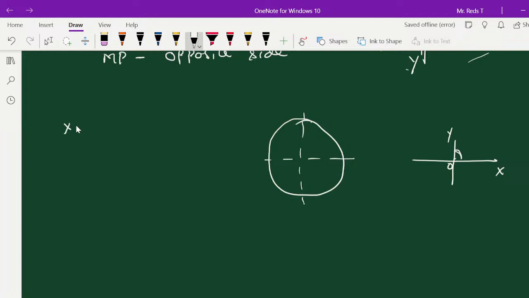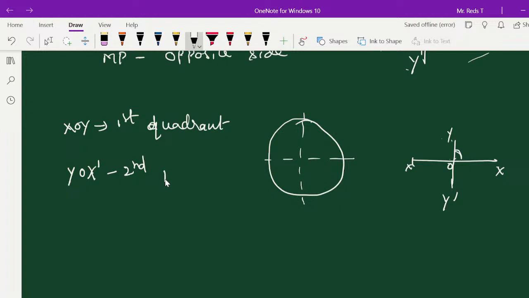XOY is the first quadrant. And then YO, this is X dash, XO X dash, YO Y dash. So XOY is called the first quadrant, then YO X dash is called the second quadrant.